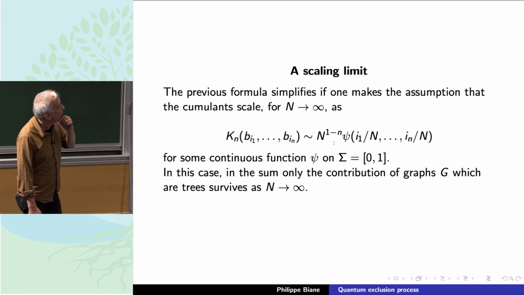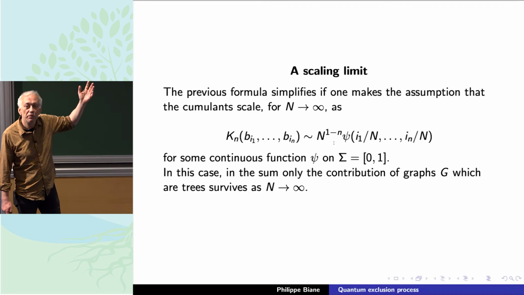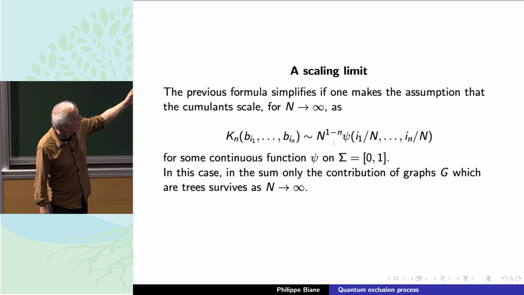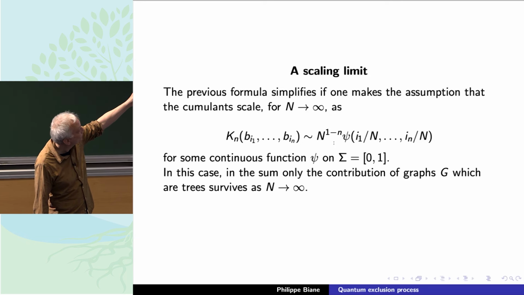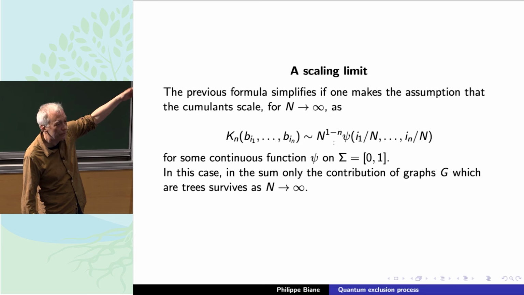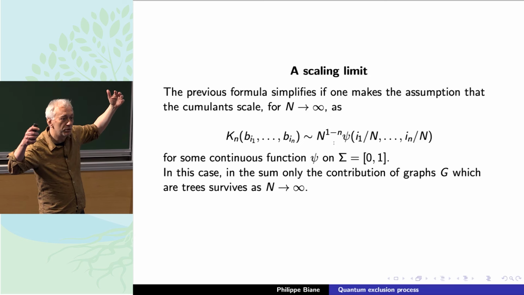Now the formula that I showed you, the sum over all graphs, simplifies in the following situation. It simplifies when the nth cumulant scales like 1 over N to the n minus 1, when the big N, the number of variables, goes to infinity.